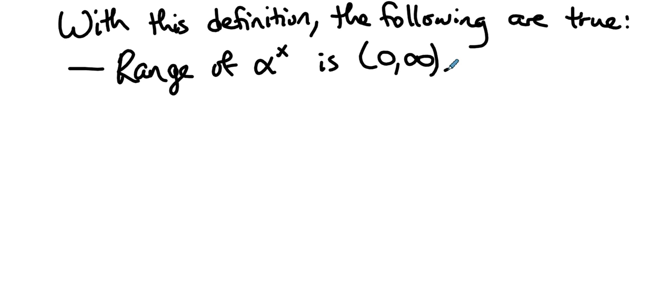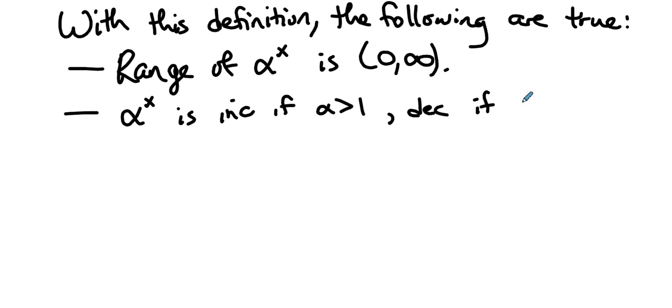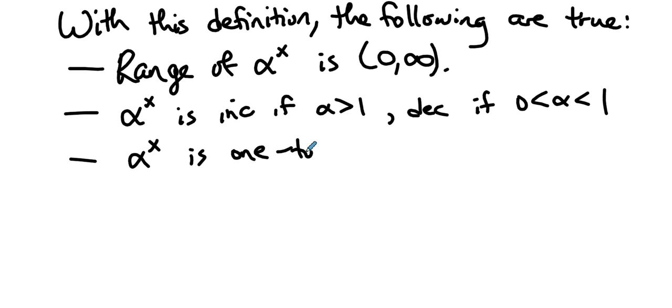And we can take reciprocals and get everything between 0 and 1. The exponential function is increasing if alpha is greater than 1 and decreasing if alpha is less than 1. The exponential function is 1-to-1, and all of your real analysis work is going to establish that if a function is monotonically increasing or monotonically decreasing, then the function is 1-to-1.